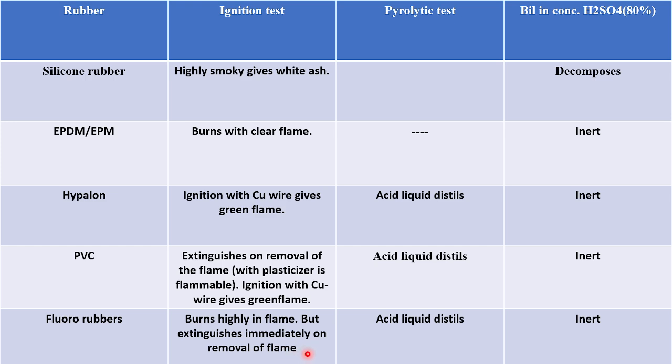So you should know that because of the presence of halogen, the rubber will show fire retardant property. The reason is it will scavenge further radical generation, and it will disturb the flame propagation when it is taken out of the flame.